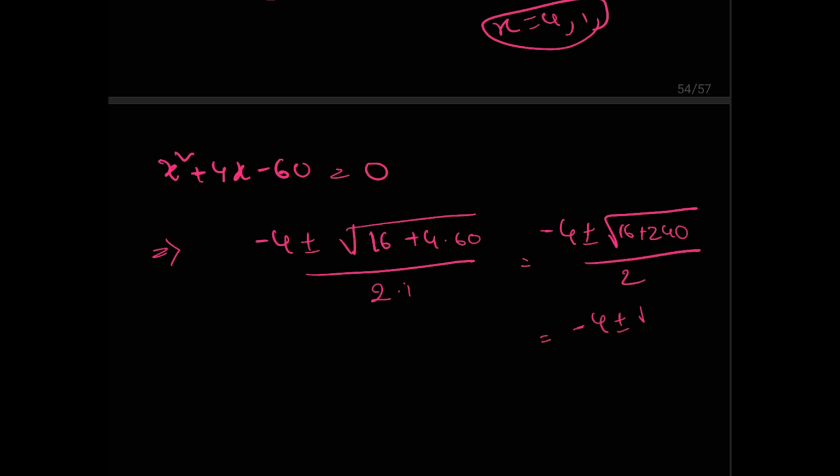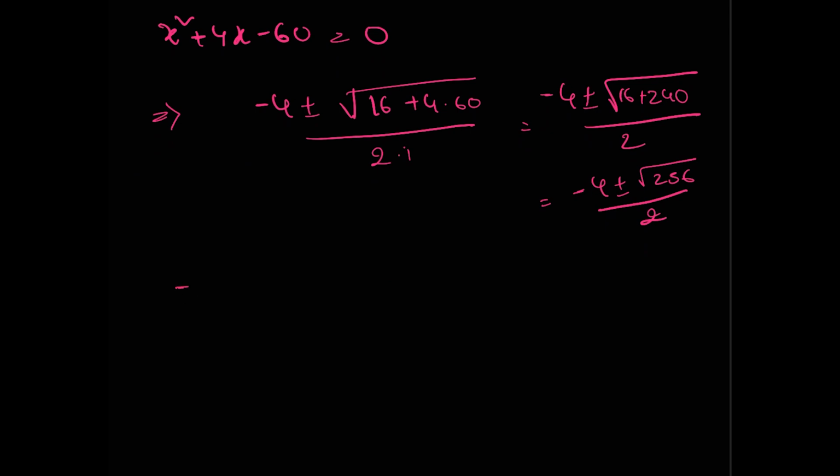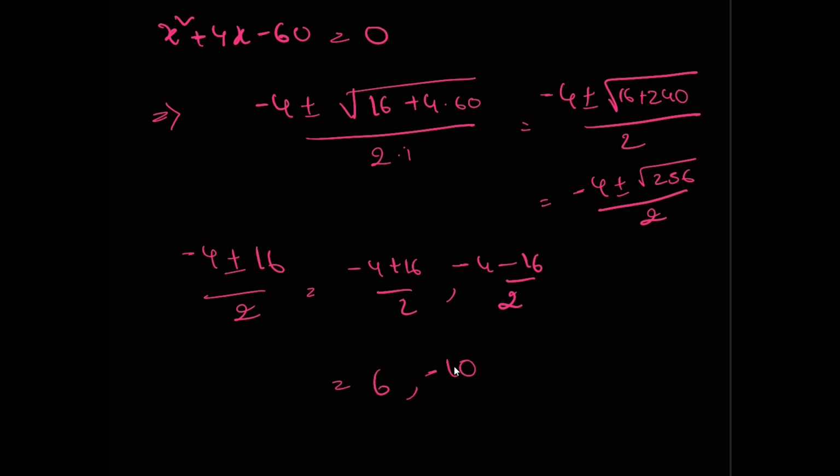Minus 4 plus or minus root over 256 by 2. Root over 256 is 16. Minus 4 plus or minus 16 by 2. That equals to minus 4 plus 16 by 2 comma minus 4 minus 16 by 2. Here we will get 6 comma minus 10.